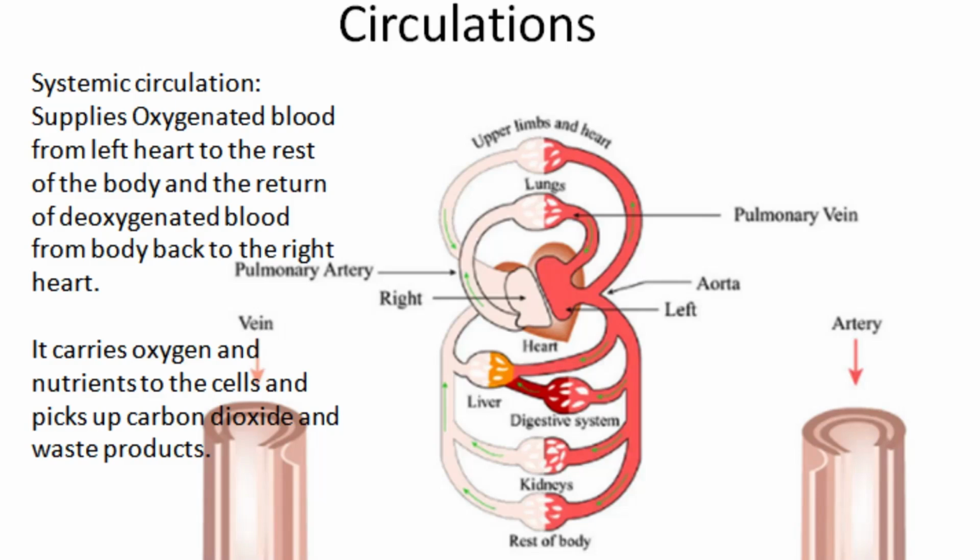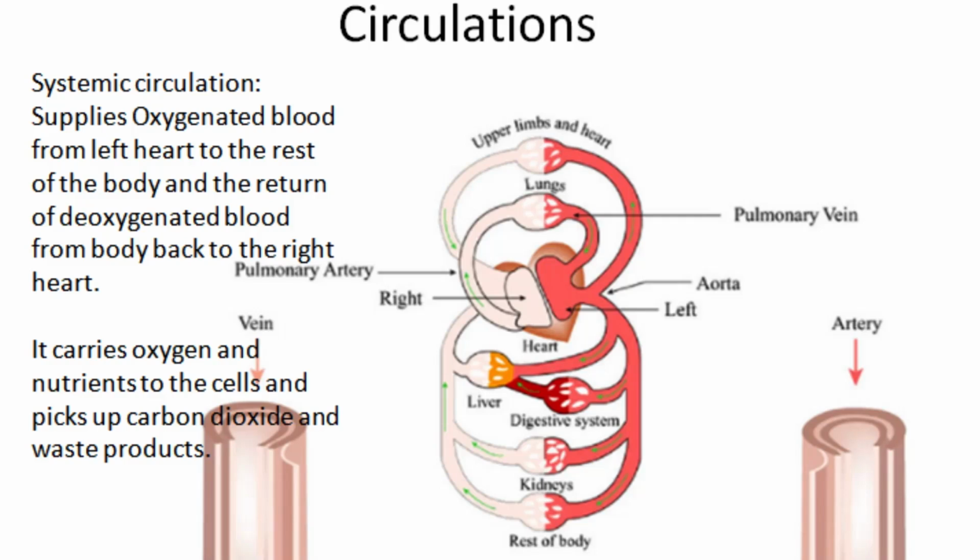In case of pulmonary circulation, it deals with only blood exchange between lungs and heart. But in case of systemic circulation, it deals with oxygen and nutrients both. It carries oxygen and nutrients to the cells and picks up carbon dioxide and waste products.